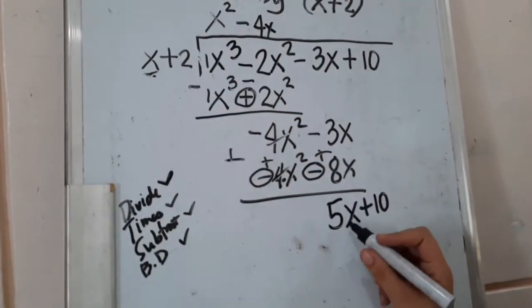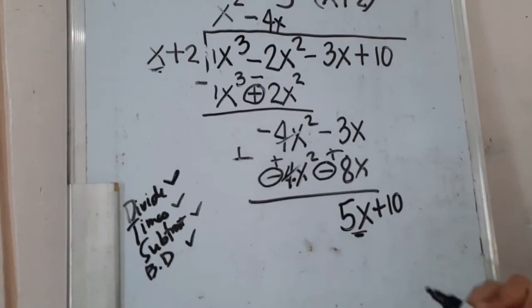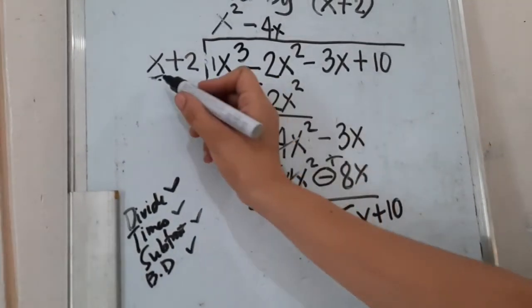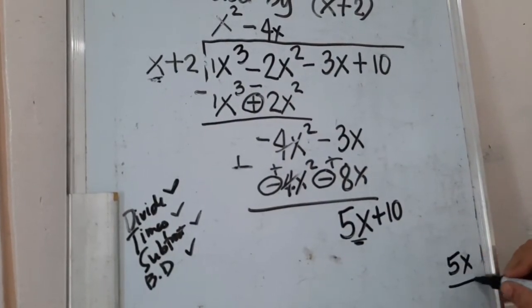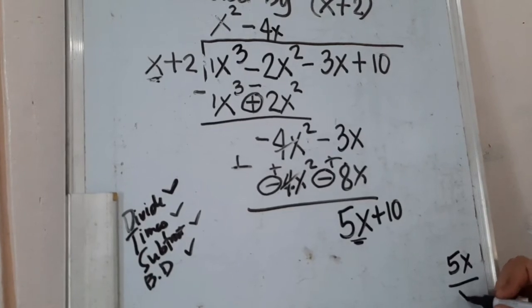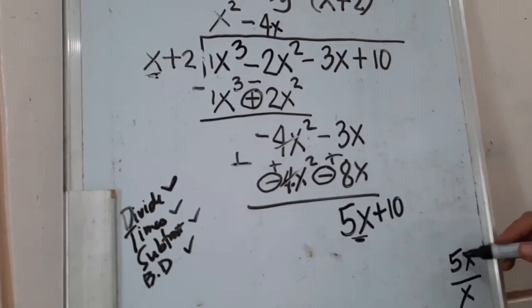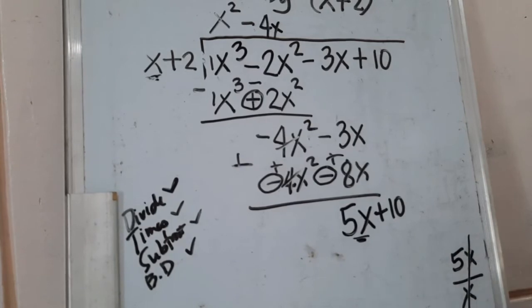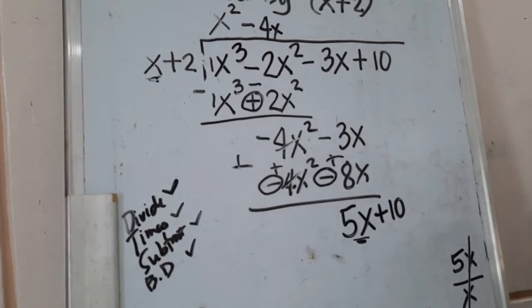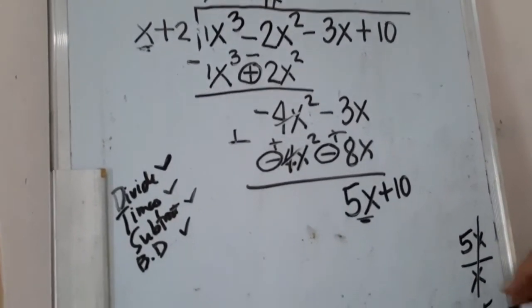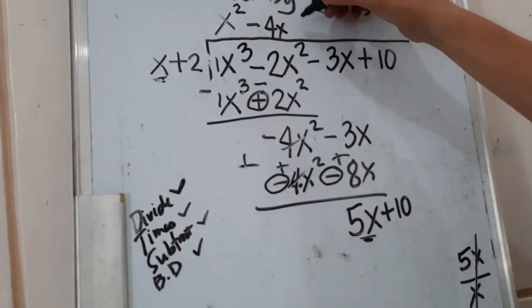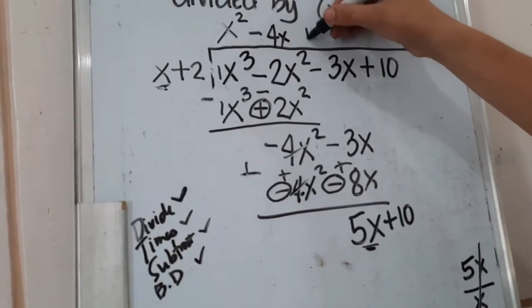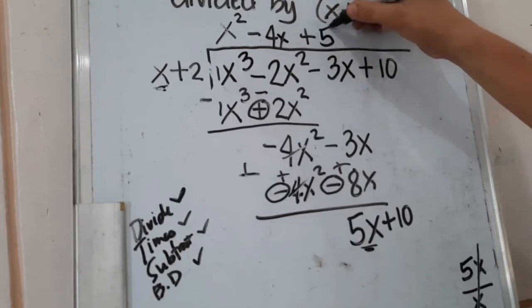We divide the first term of the dividend by the first term of the divisor. 5x divided by x, we can cancel out x, so what's left is only 5. So our answer is 5, and we will be writing that at the top, so plus 5.